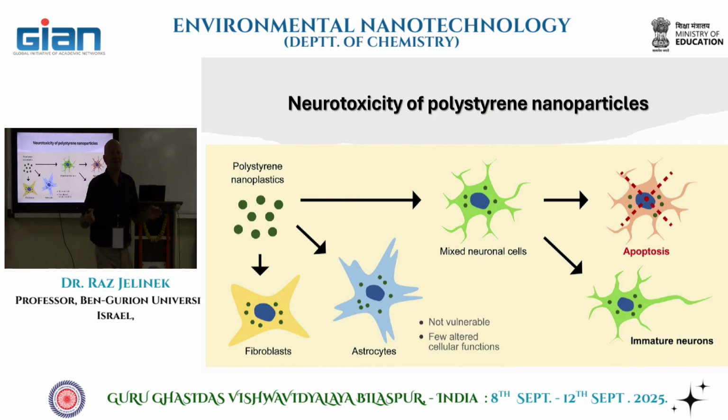One thing is, when these nanoplastics go into the neurons, they kill the neurons. The neurons die. If the neurons die, it's not good for us. It affects our thinking. It can affect dementia. It can make us sick.